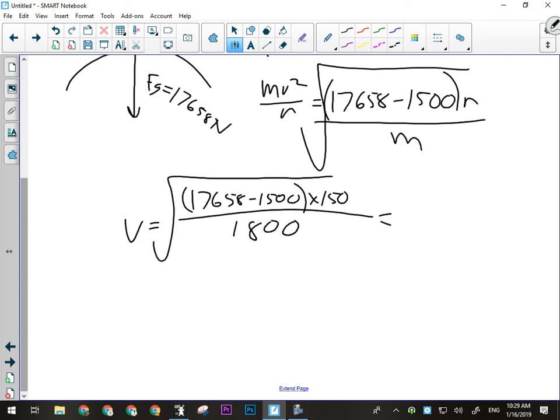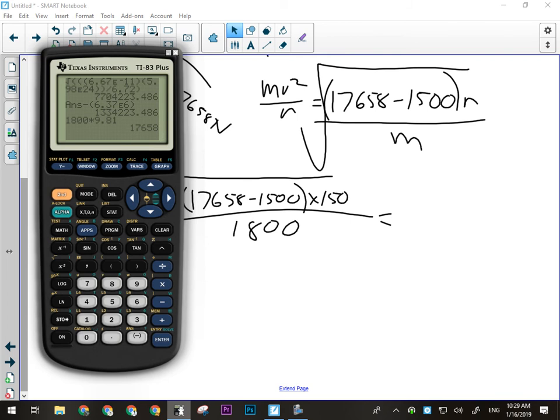And that will give me how fast the car has to go. Hopefully it's not a ridiculous number. Okay, so it's got to be moving at 37 meters per second in order for that to occur.